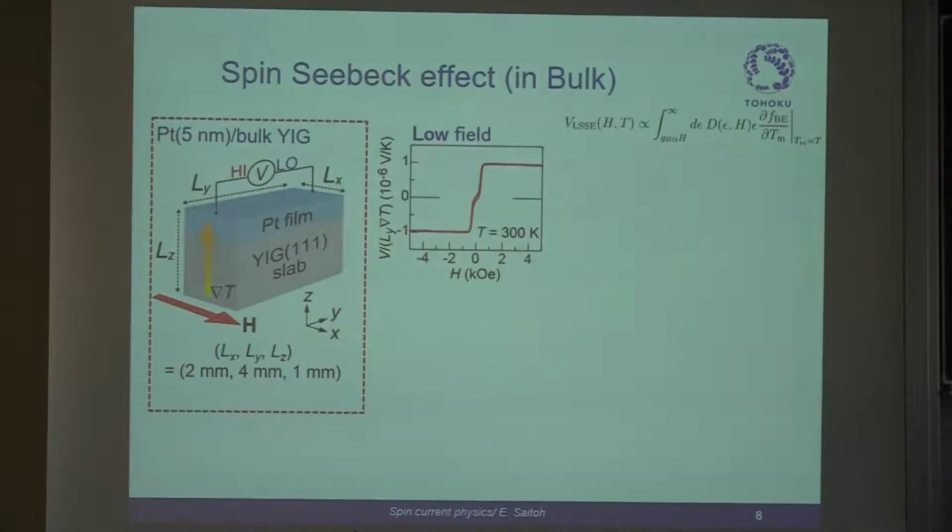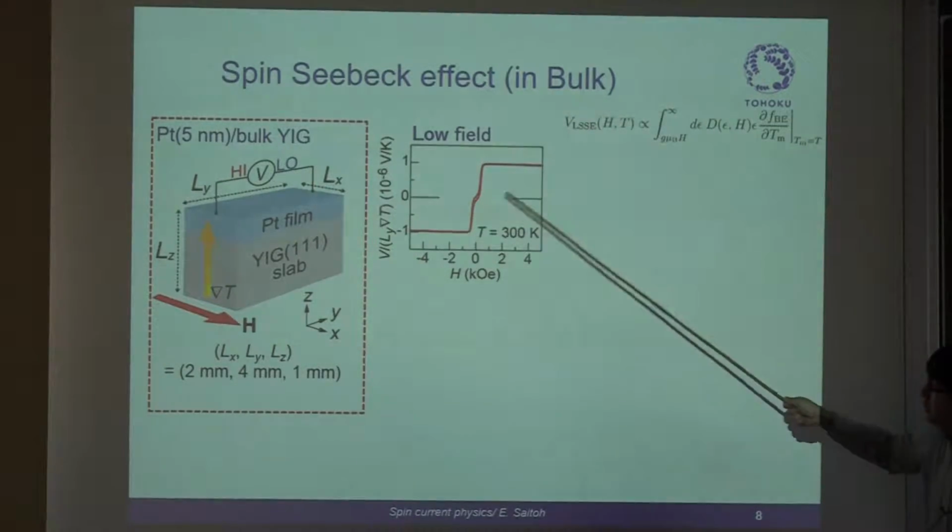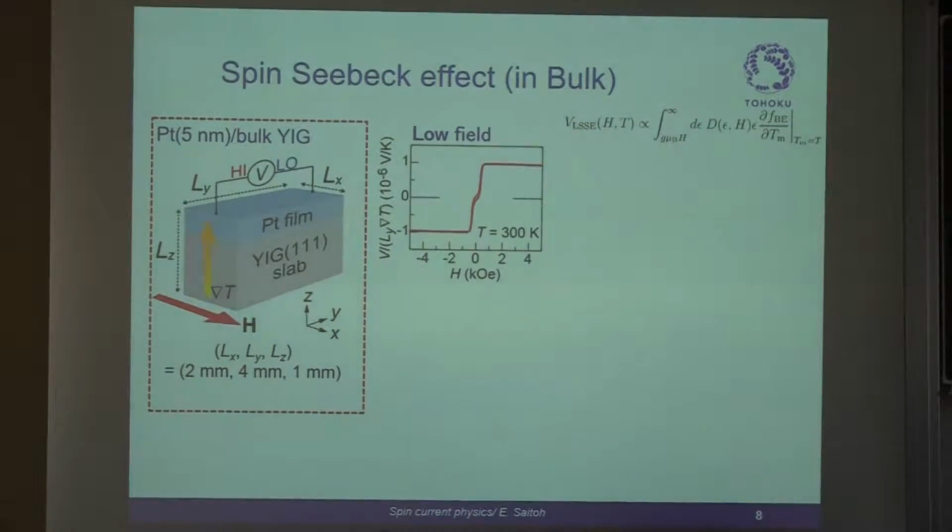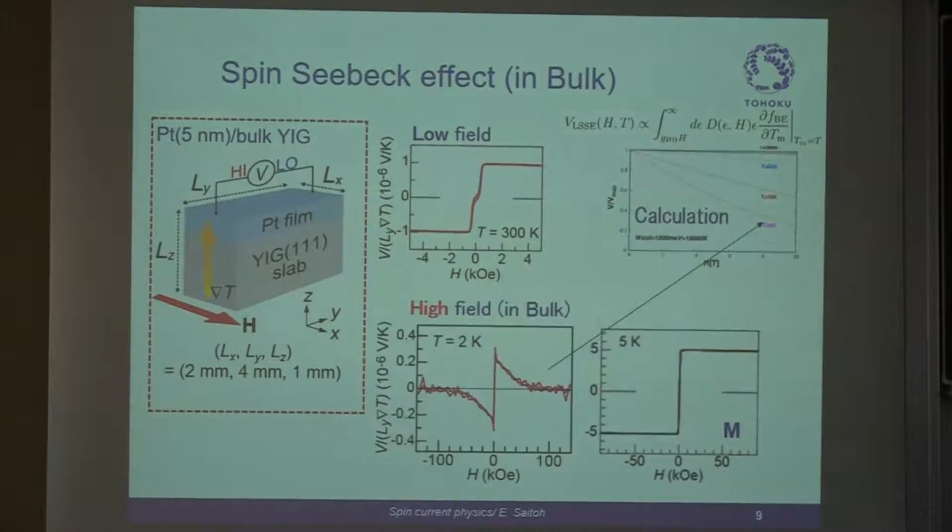So this is the magnetic field dependence of the spin Seebeck effect. When we reverse the sign of the magnetic field, the sign of voltage also reverses like this. So what if we apply a much stronger magnetic field to this system? We found that at very low temperature, the spin Seebeck effect signal is rather suppressed like this.